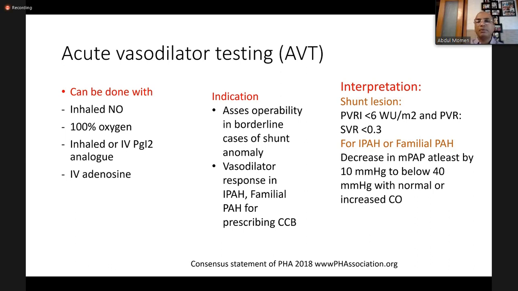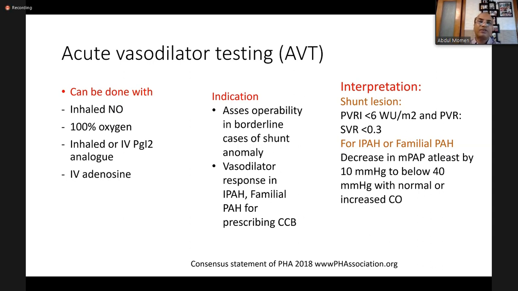For operability, PVR should be less than 6. It is the indicator of acute vasodilator testing response. PVRI less than 6 Wood units per meter square and PVR to SVR ratio less than 0.3 is sufficient to call for surgery or device closure for a shunt anomaly.